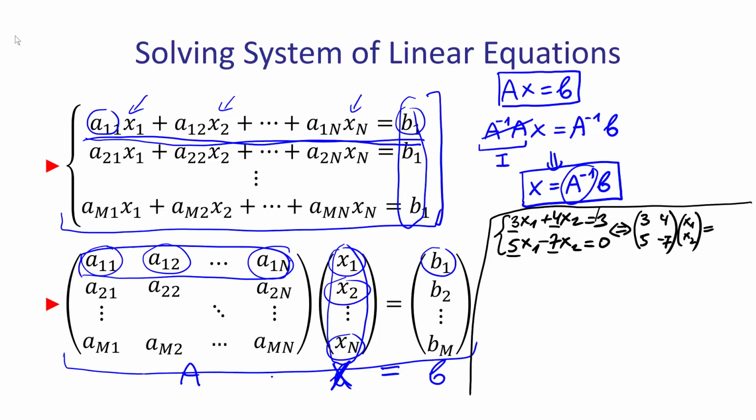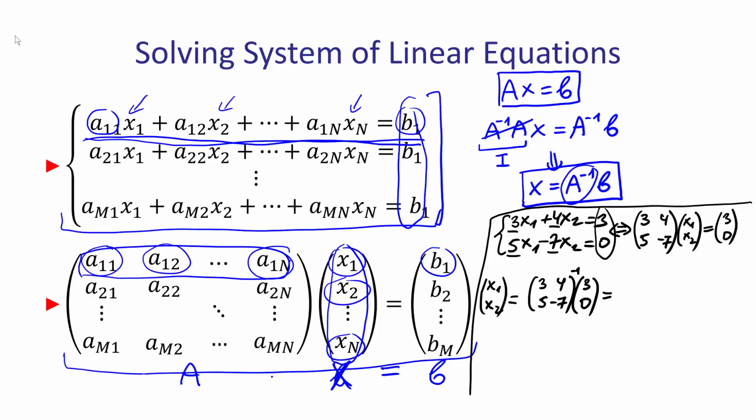And it equals those numbers, which are 3 and 0. Now, all I need to do is to find x1, x2. Those will be the matrix 3, 4, 5, minus 7 inverse, multiplied by 3, 0. And here I need the inverse of that. So let's find that inverse.